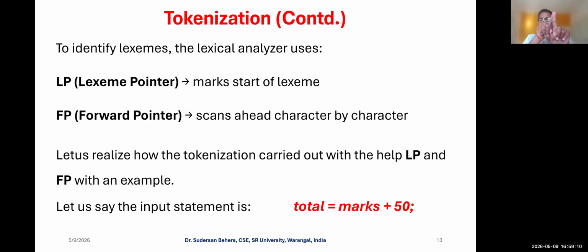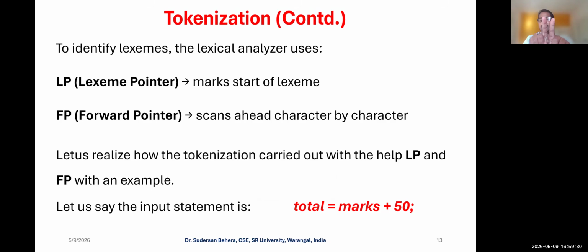Then the LP marks the start position and keeps itself constant. The forward pointer moves one by one.